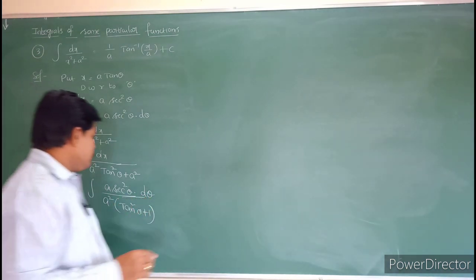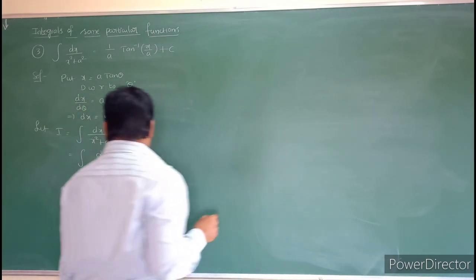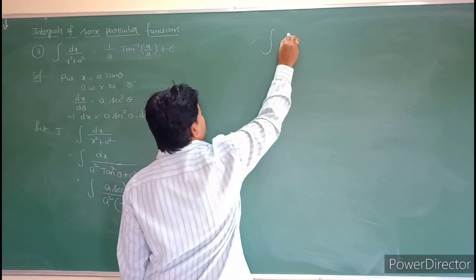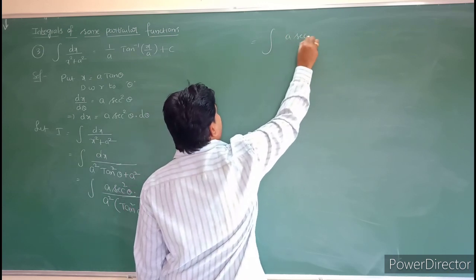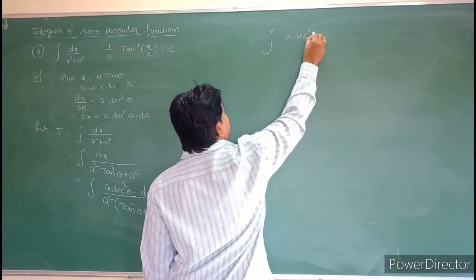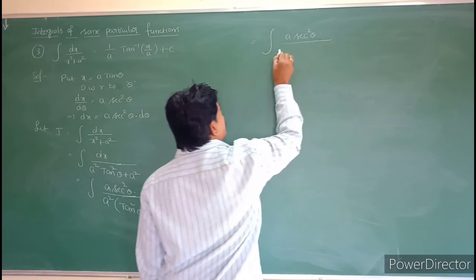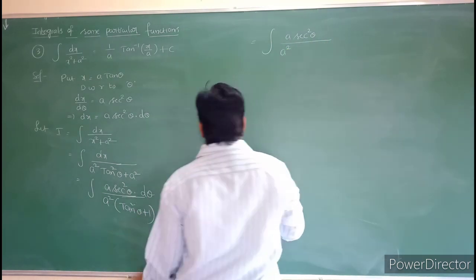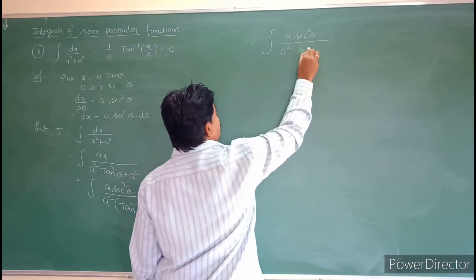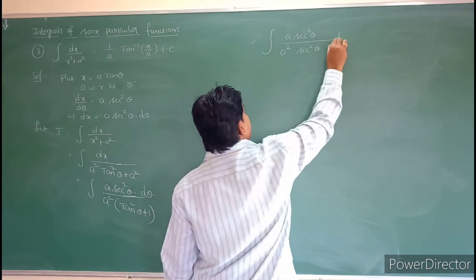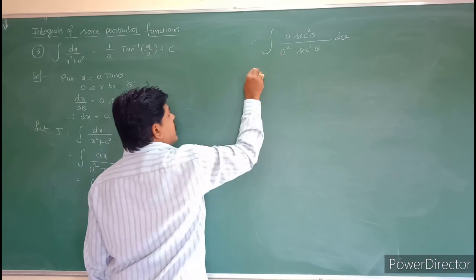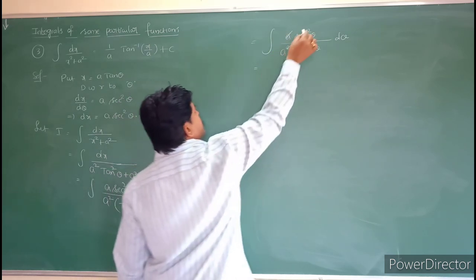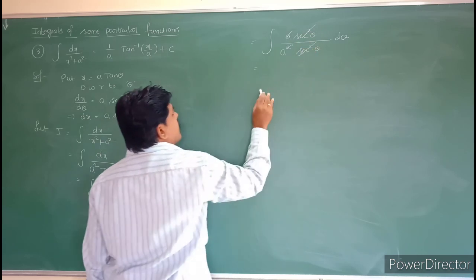That is equal to the integral of a into secant square theta by a square into 1 plus tan square theta, and 1 plus tan square theta is nothing but secant square theta, into d theta. So here a and a square, one a will be cancelled, and secant square theta and secant square theta will be cancelled.